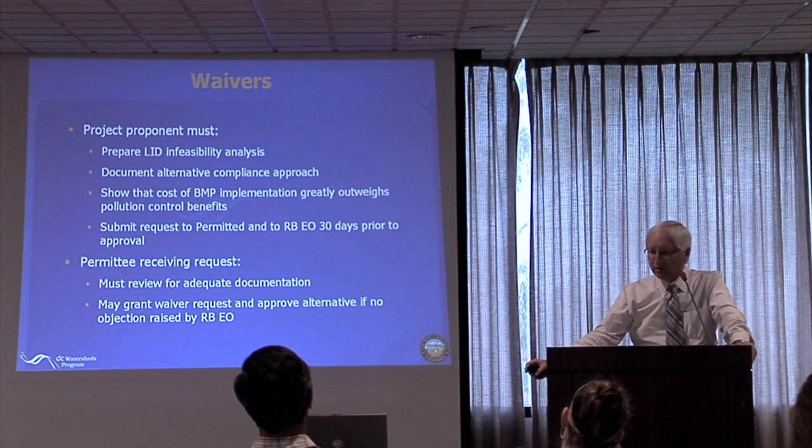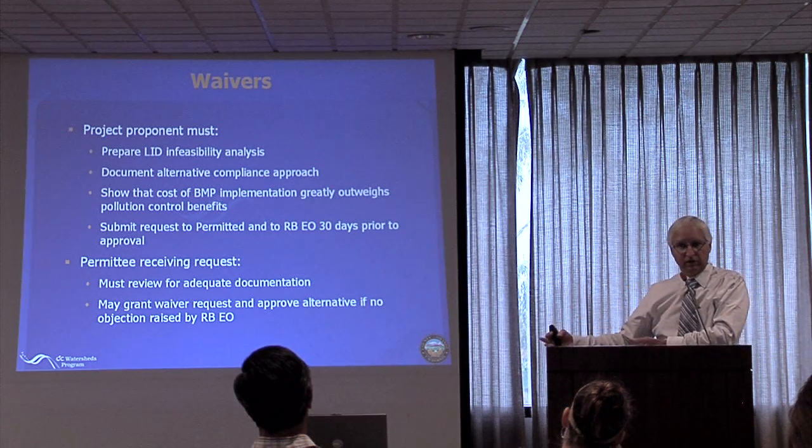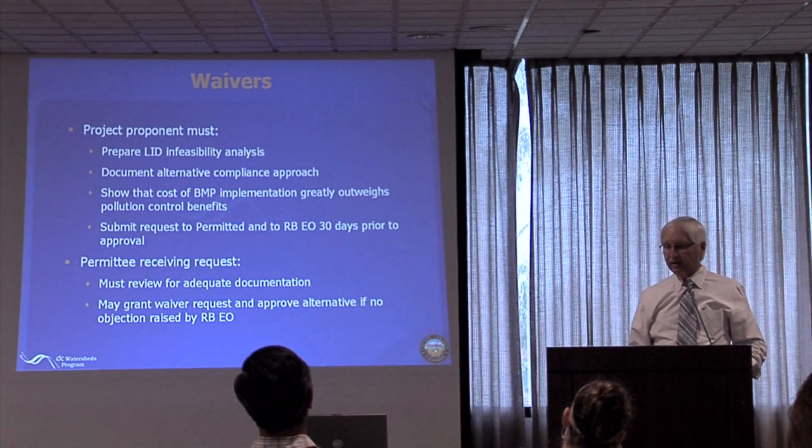That's a bit of a challenge. You submit that to the permittee along with an alternative plan. So if you identify that there is a regional BMP to which you plan to contribute, then that's part of the waiver process.